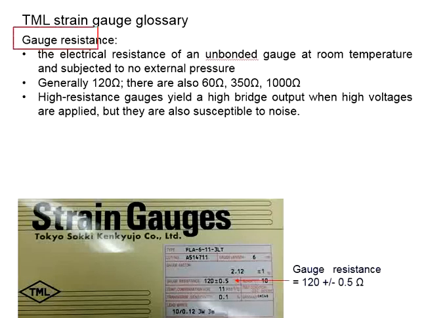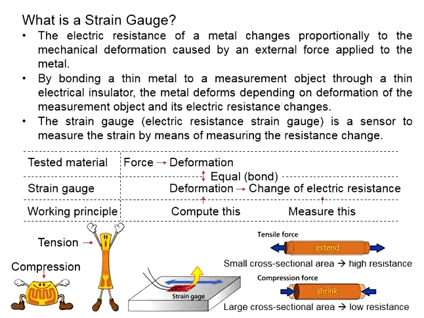Next is about the gauge resistance. Previously, we mentioned the principle of the strain gauge, which is actually measuring the electric resistance. And the gauge has its own resistance originally.